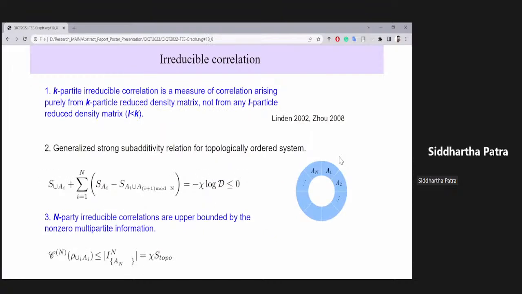Apart from this multiparty information, we also calculated correlations.